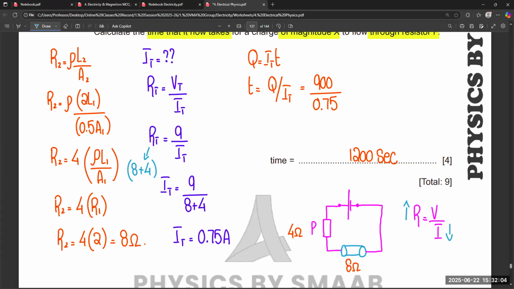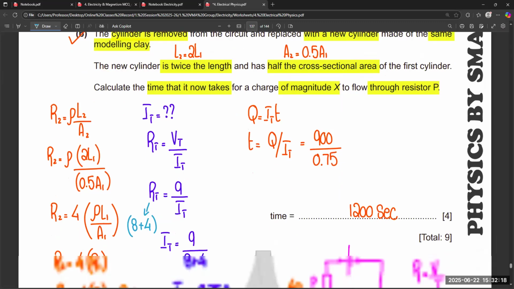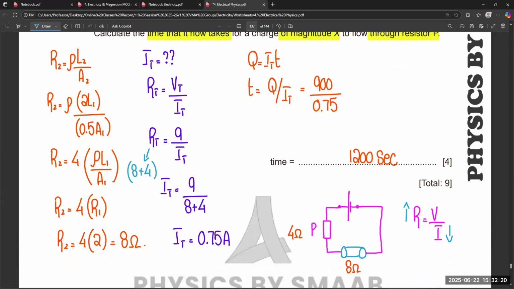So the total resistance in the circuit is equals to 8 plus 4, that is 12. And the value of voltage remains the same because in this B part, the voltage is the same. There is no change in the voltage. So that's why we got the new value of electric current, 0.75 amperes. Right? Any confusion?